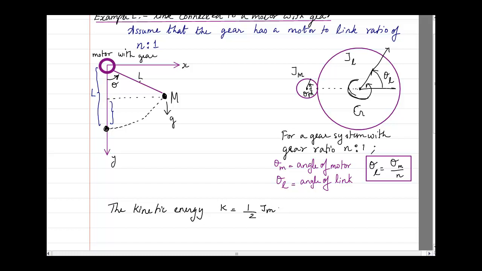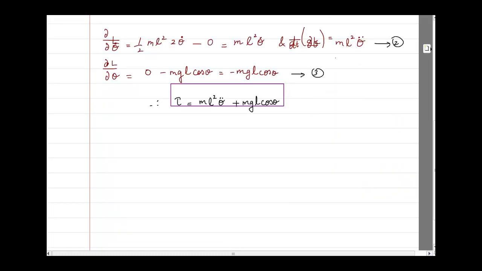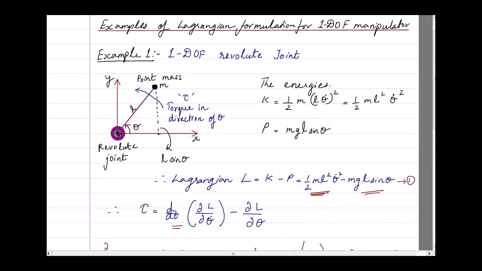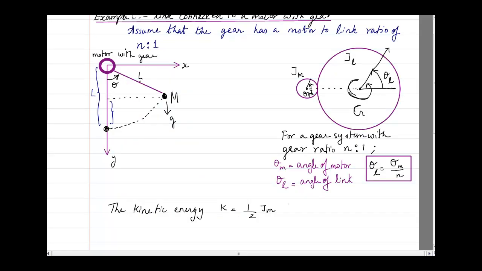If you go to the previous problem, there we had written mass into L square. Remember this? That same thing I can write as J, the moment of inertia, where L is how far the mass was. So in the case of the motor, the moment of inertia is Jm, and theta m dot is the velocity with which the motor is rotating.